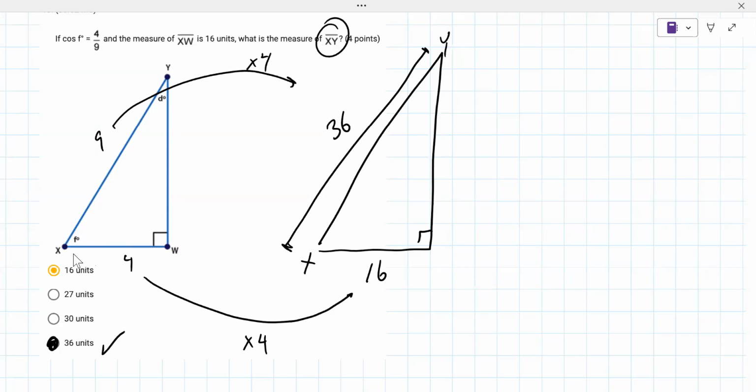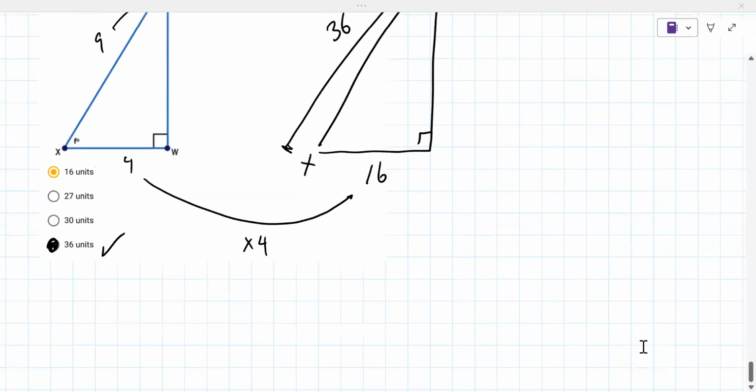Now I have part 2. This is a written portion.